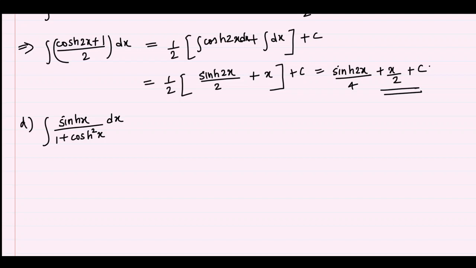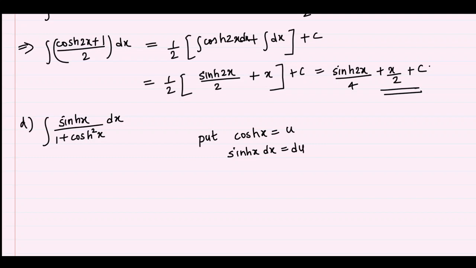Here we cannot do direct integration, so we can use the substitution method, because we know that the derivative of cosh x is sinh x. We put cosh x equal to u. Its derivative is sinh x dx equal to du.